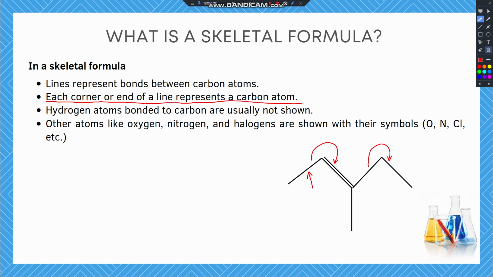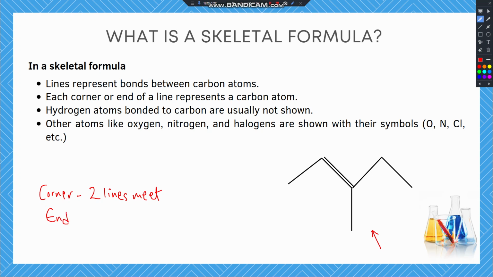Now, here is what we mean. Whenever you find a skeletal formula just like this one that we have over here, each corner simply means a point where two lines meet. So anywhere you find a corner or anywhere you find an end, a carbon atom is present there. At this point you have an end, so a carbon atom is present here.